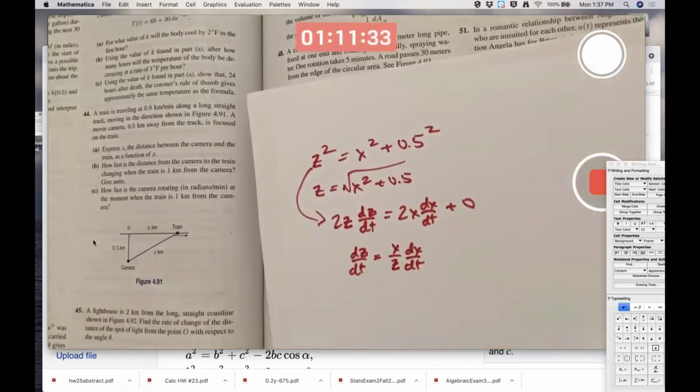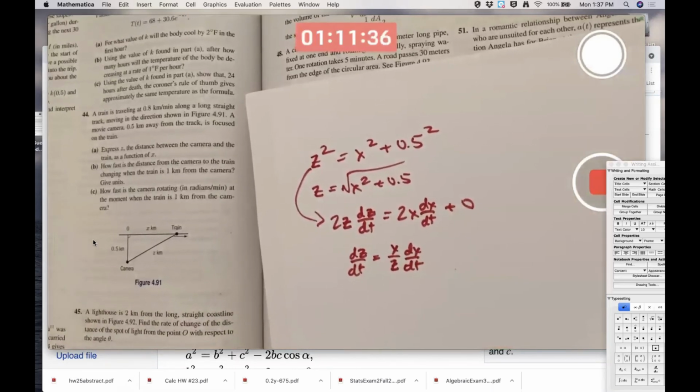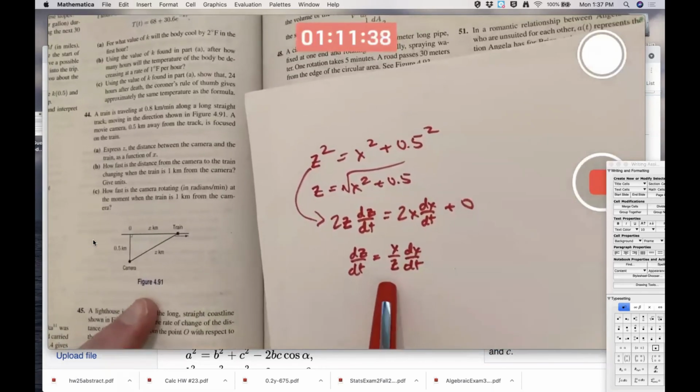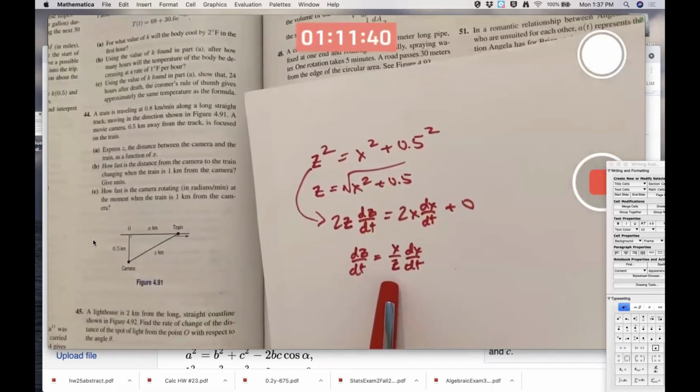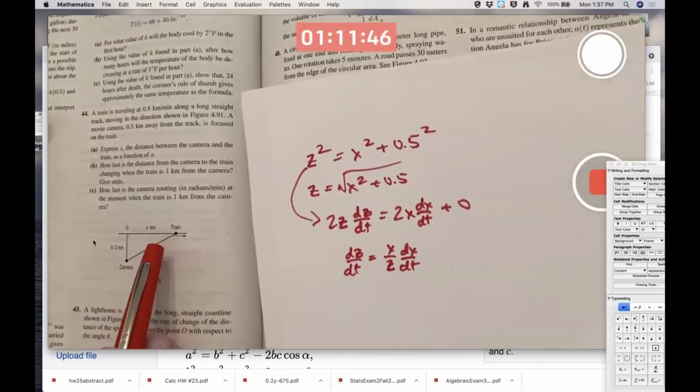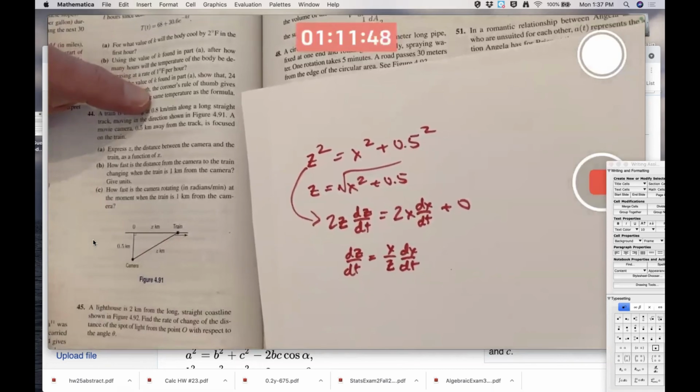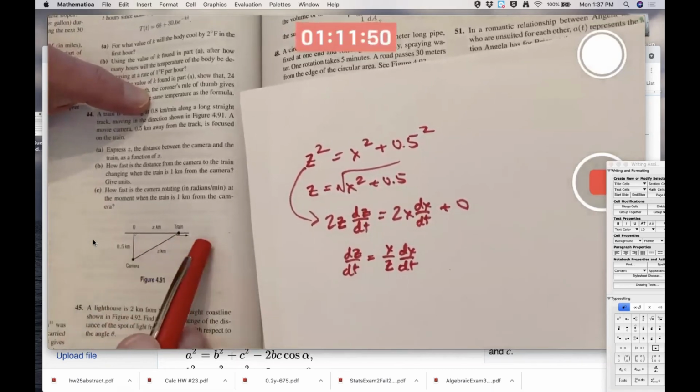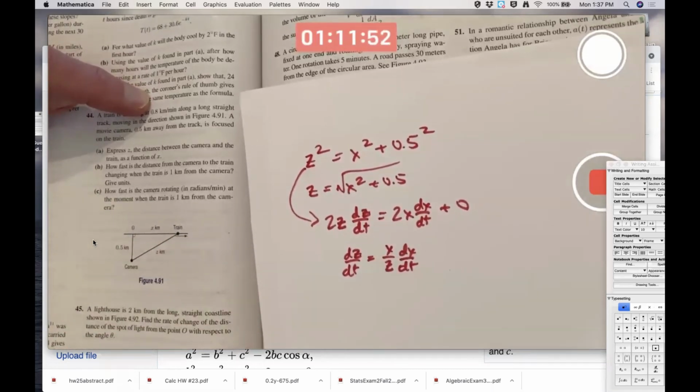That would be the equation to solve for part B, but only plug in z equals 1 after you've differentiated like this. You'd also have to figure out x and use the fact that dx dt is 0.8 kilometers per minute. The train is moving to the right here, so x is increasing at a rate of 0.8 kilometers per minute.